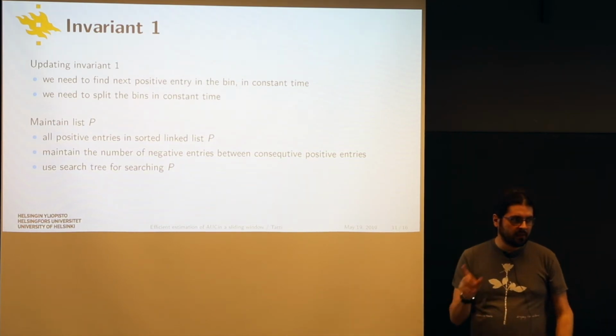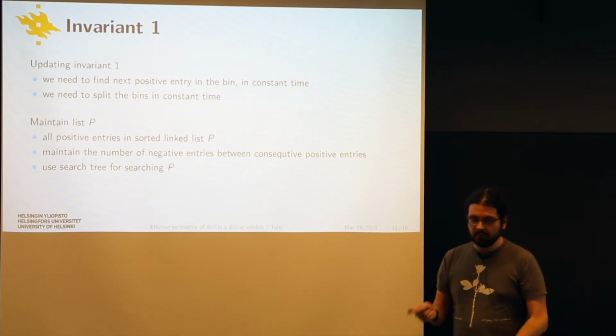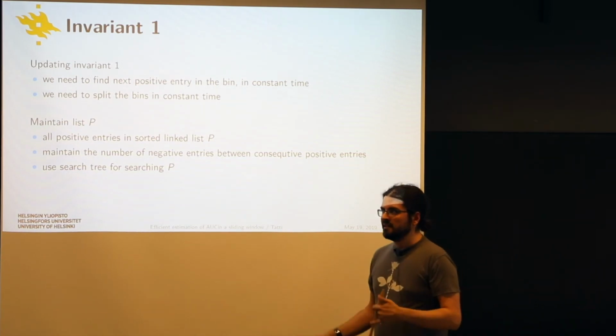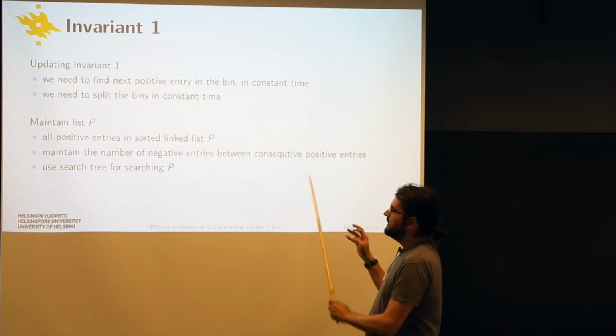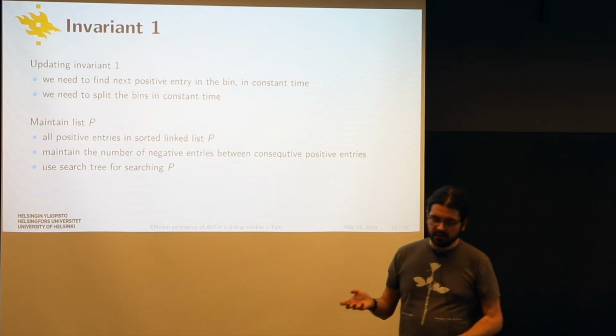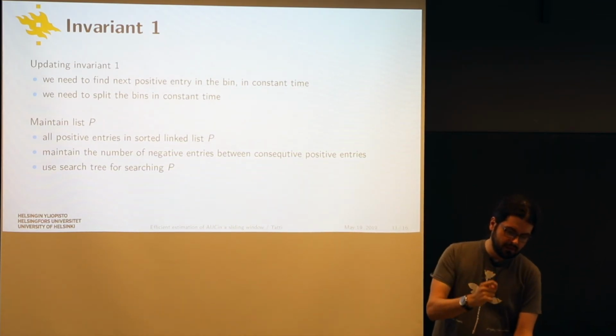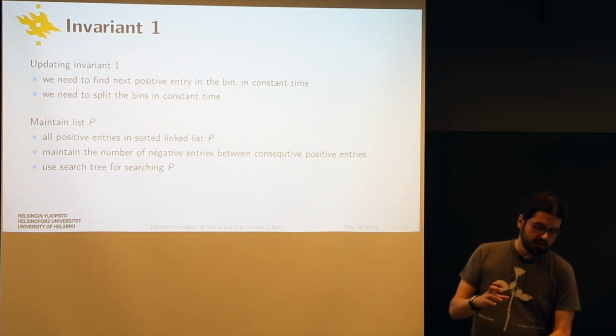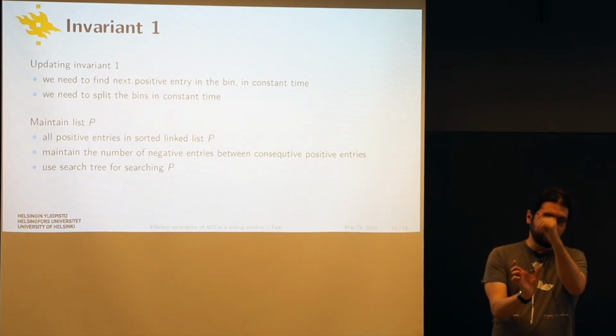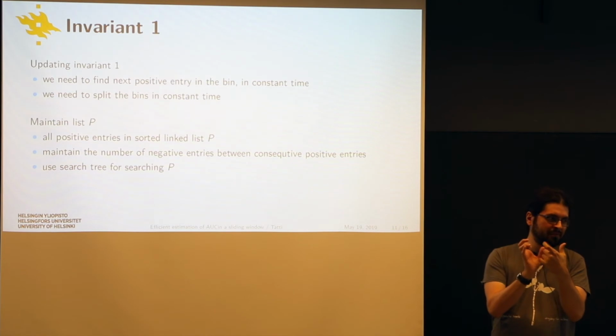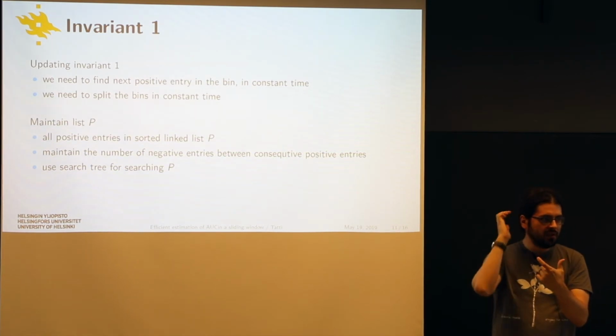Maintaining this number is a little bit tricky because when a new positive entry is added, you have to find a place where to enter it, and then you also have to compute the number of the actual.